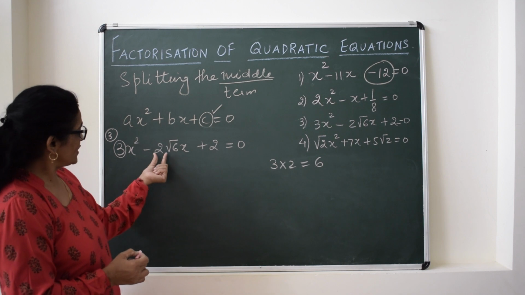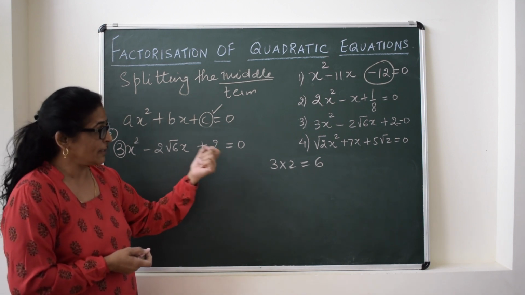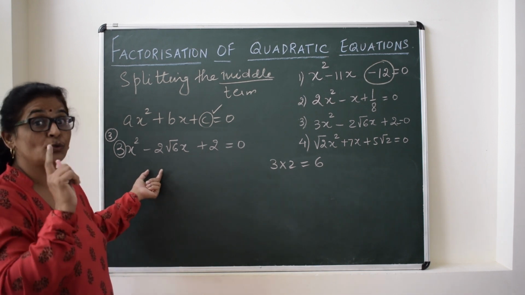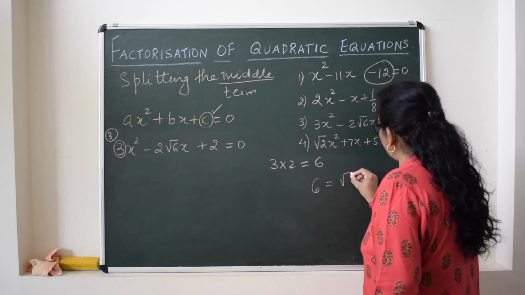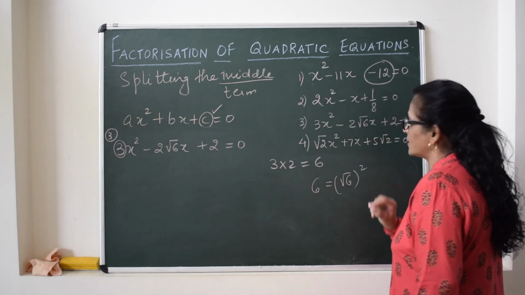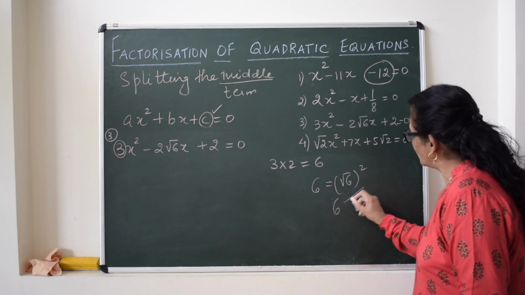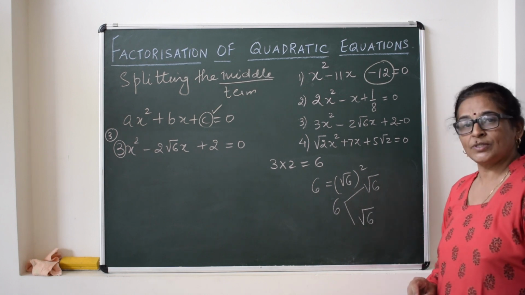But if you see the middle term, it is 2 root 6. So we have to take the factors of 6 in such a way that their addition is minus 2 root 6. So 6 is basically root 6 square. It means that 6 can be broken into two parts and both are root 6.